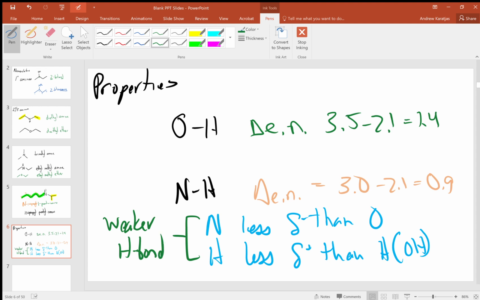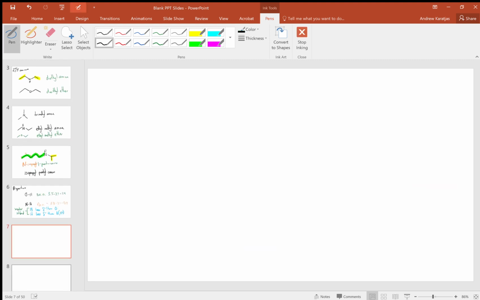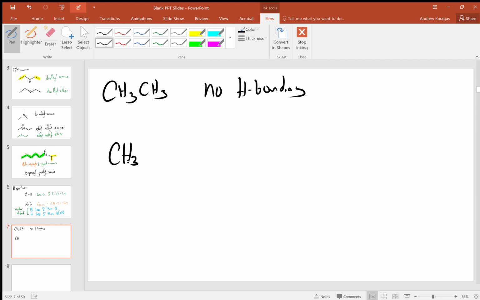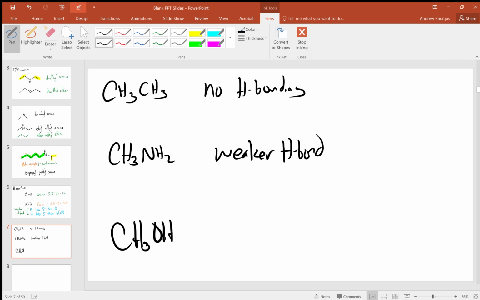As we have many times before, let's illustrate that with some numbers. So we can compare ethane, which has no hydrogen bonding, to methylamine, which has the weaker H bond, and methanol, which has a stronger hydrogen bond.